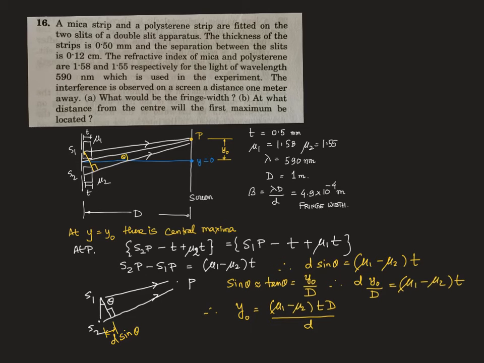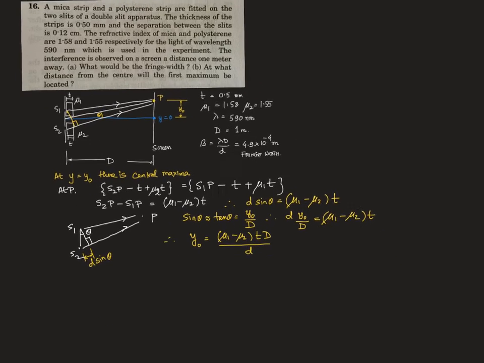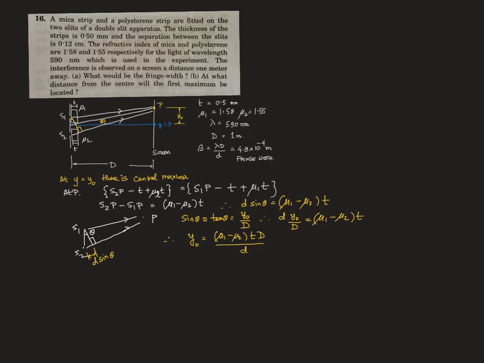Now, you have to find the coordinates of the first maxima, right? As you know, on the screen here, this point P is the central maxima. So you have two first maxima, right? First maxima means where the path difference is lambda.